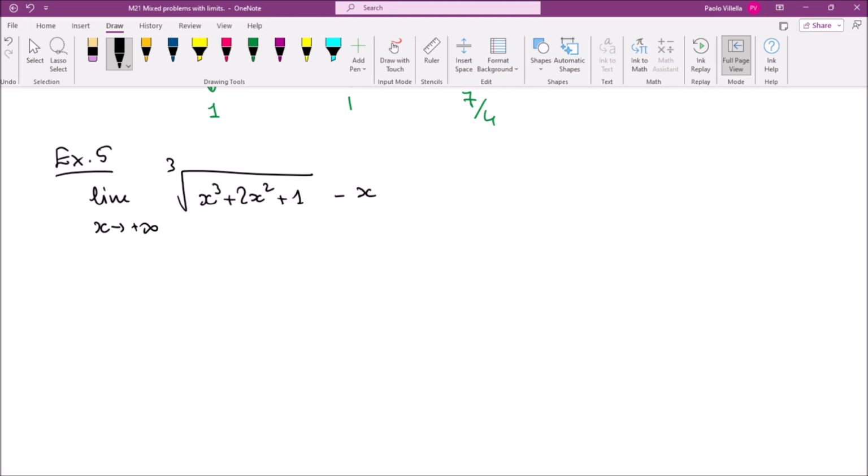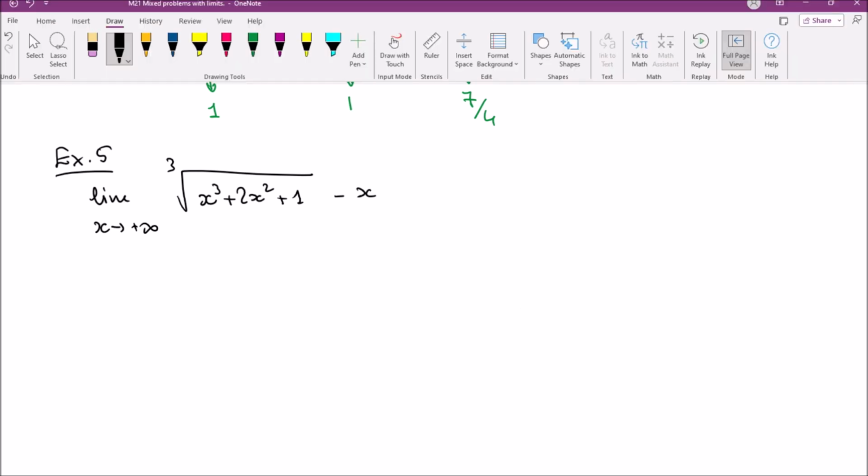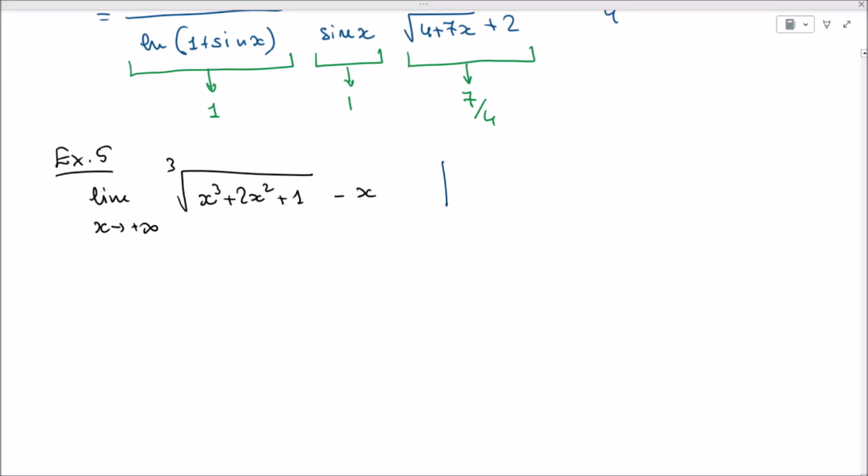Well, the term on the left, which is the cube root, will tend to plus infinity, while the second term is minus infinity, so we have infinity minus infinity. So once again, we need to do something to solve the limit.